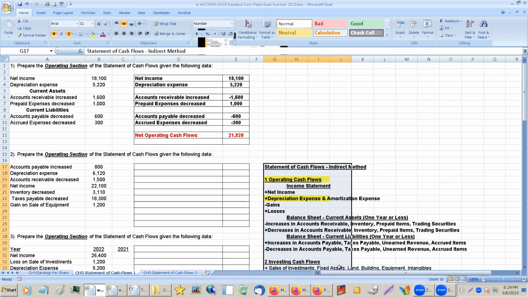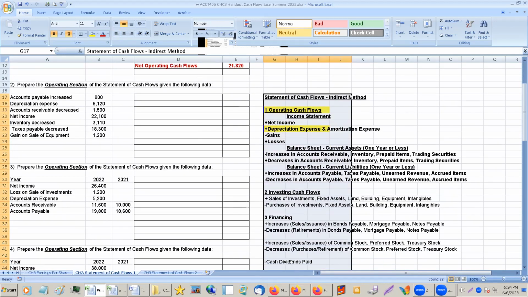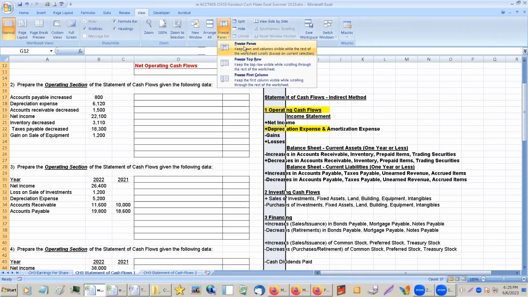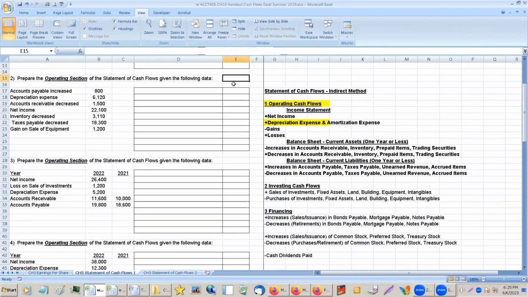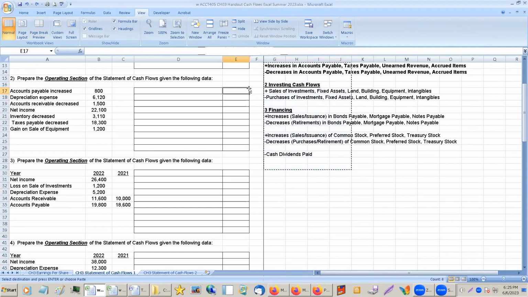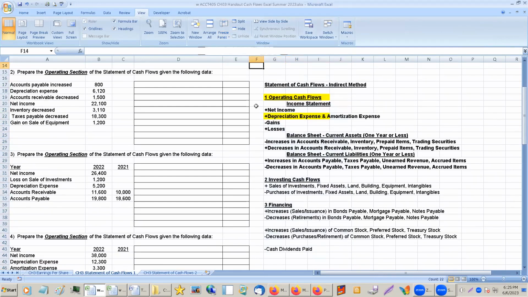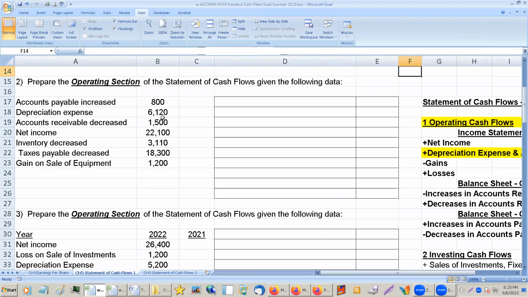We could split the screen. Oops. Wrong. All right, I don't want to do it. Okay, so let's go ahead and do this one though.